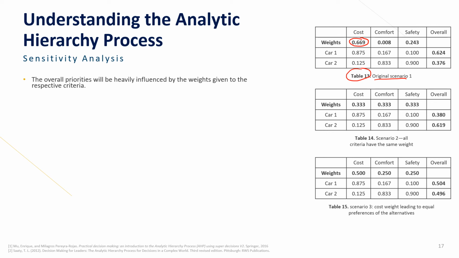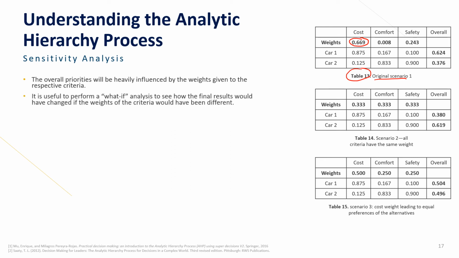So that's why when we have the comparisons, car 1 is somehow preferable compared to the other cars, because of the very high weight for the cost criteria.